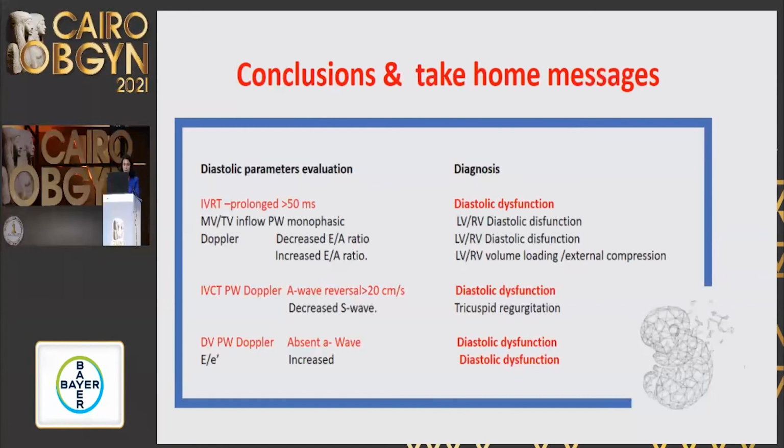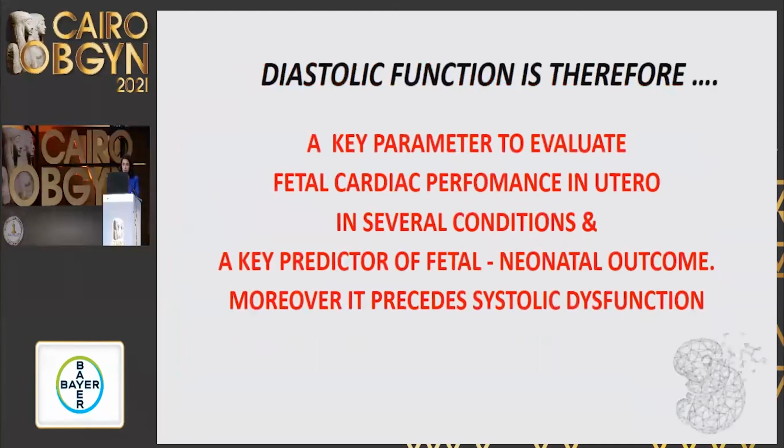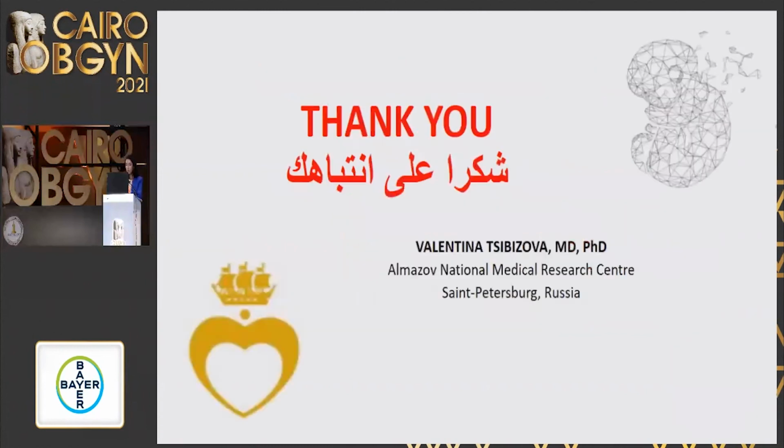An increased E/A ratio will show us volume loading and/or external compression. Diastolic function is a very key parameter to evaluate fetal cardiac performance in utero in severe conditions and a key predictor for fetal and neonatal outcome. Moreover, it precedes systolic dysfunction. Thank you so much for your attention.